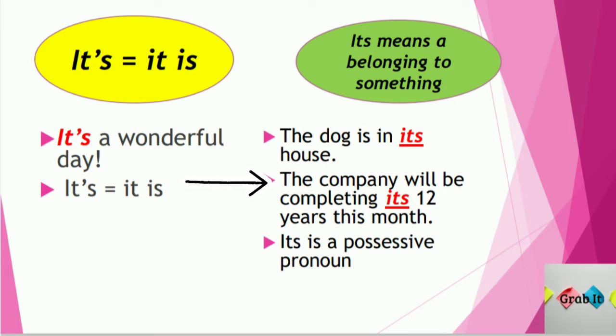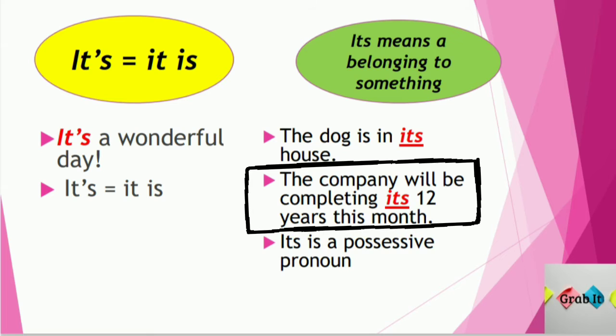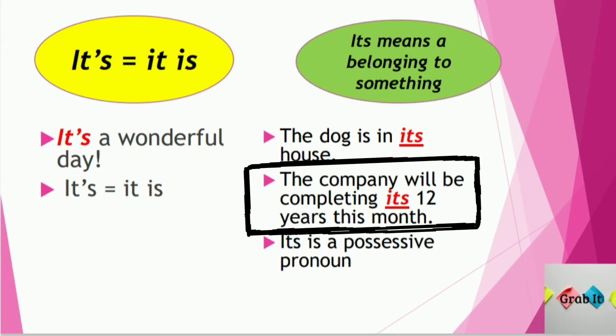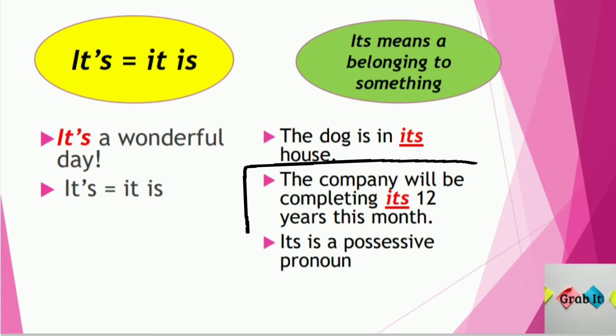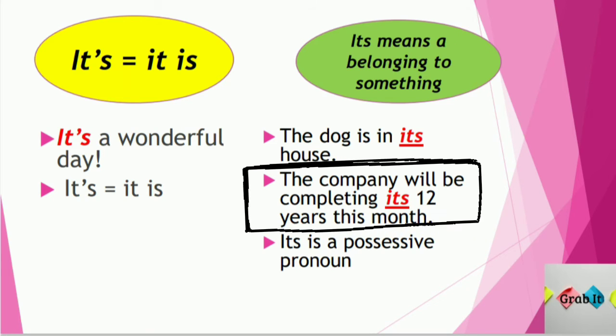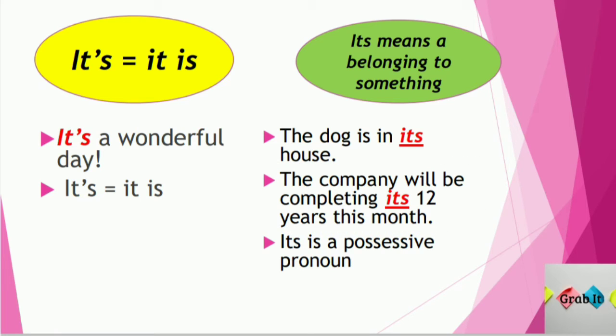The next one, the company will be completing its 12 years this month. So we are referring to the fact that our company is about to complete 12 years this month, which means that company again is a non-living entity. So we're using its for it. And you need to understand that 12 years belong to the company. Okay, so the company is celebrating its anniversary.